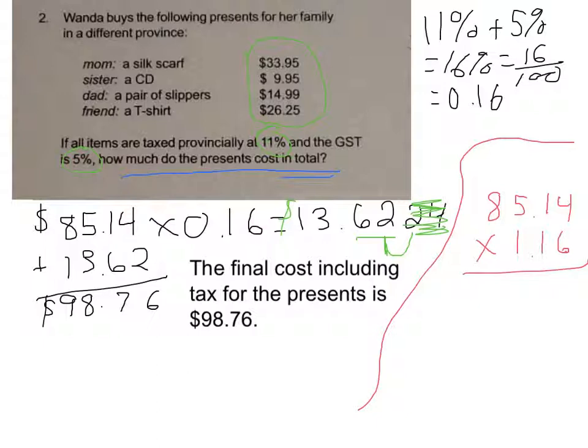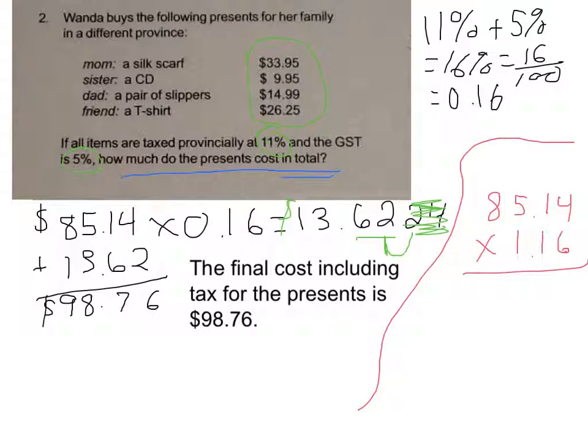Now, this is what I would do personally, but as you're learning, the step to go is: find the tax, then find the addition. This step here does it all for you because I'm not asked to find the tax separately. I can use this strategy instead.